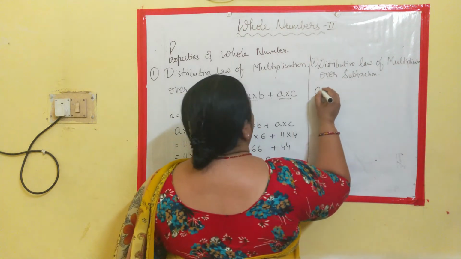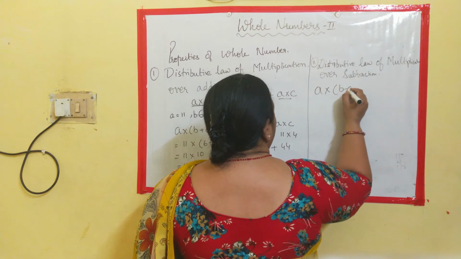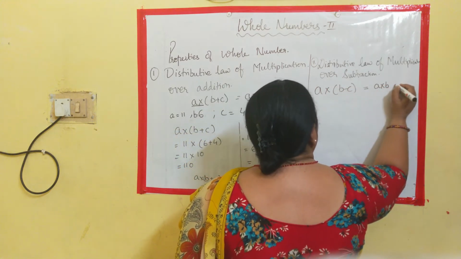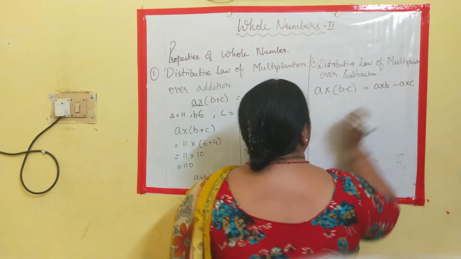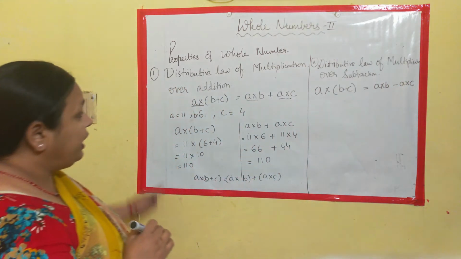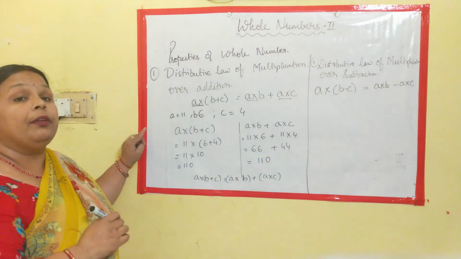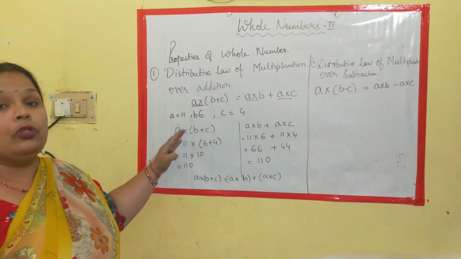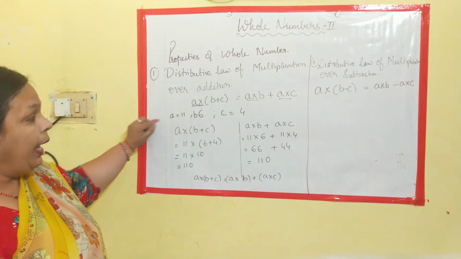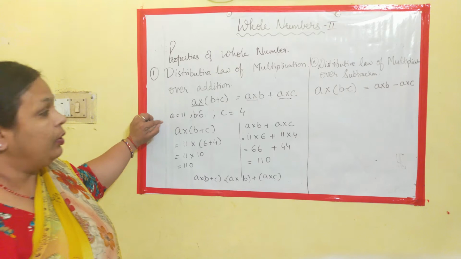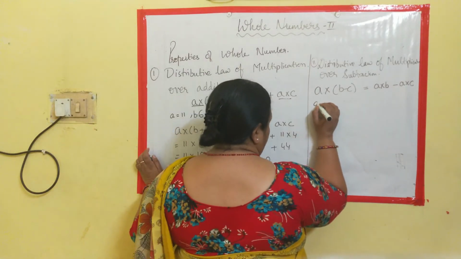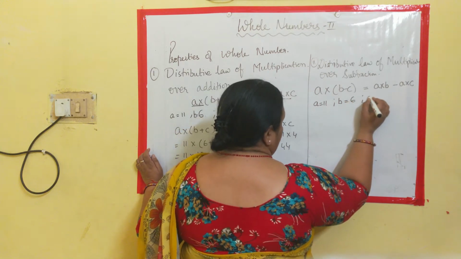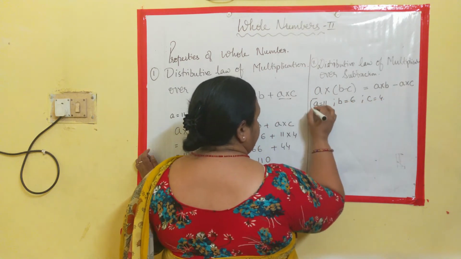That is A into B minus C will be equal to A into B minus A into C. Again we will be taking the same values. See, you can take different values also, but to make a comparison and explain you better, I am going to take the same example: A as 11, B as 6 and C as 4.